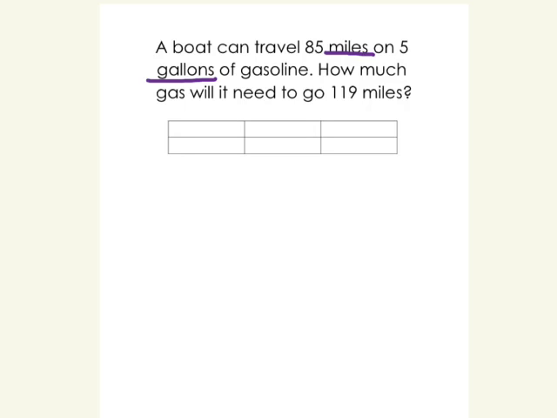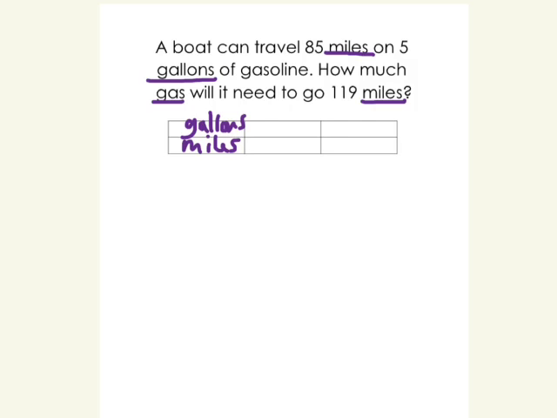Those are the two labels given to my first two numbers. And I see that they are repeated again in the question, how many gallons of gas will it need to go 119 miles, so I have the right ones. So gallons of gasoline and miles.